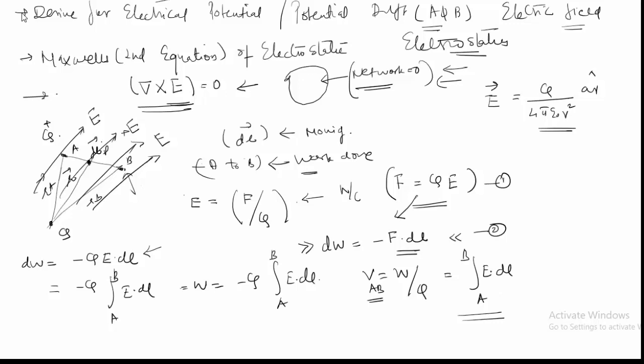This is the equation of the electric field. This is my fourth equation, and this was my third equation, so you can substitute it here, and you will find VAB is equal to minus integral from A to B of Q upon 4 pi epsilon naught R square aR.